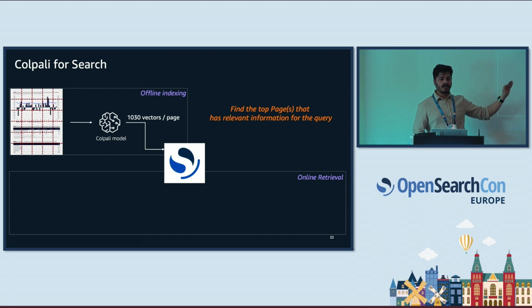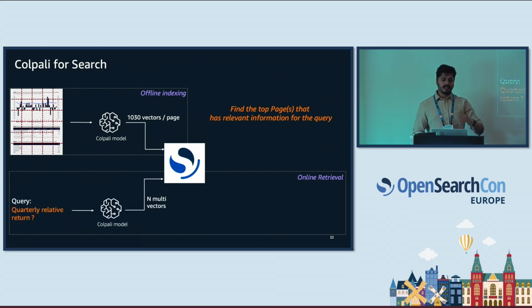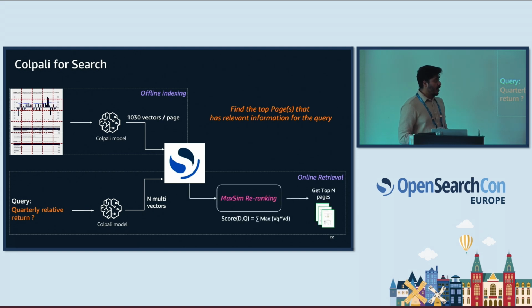So you take all your pages, get 1,030 vectors per page, pass them through the ColPali model, and index into OpenSearch. Then during the retrieval phase, you take the query. Say, for example, I have a query which belongs to one of the PDF pages. I pass it through the ColPali model, and I get multiple token-based vectors for this particular query. Then OpenSearch does a KNN search and gets back the results.